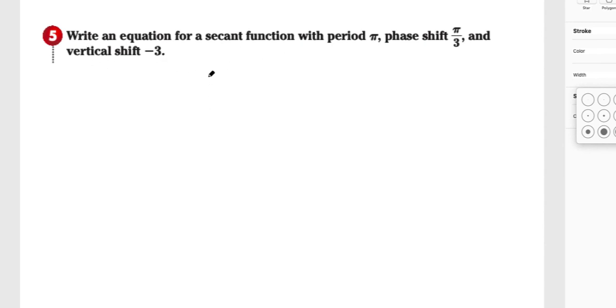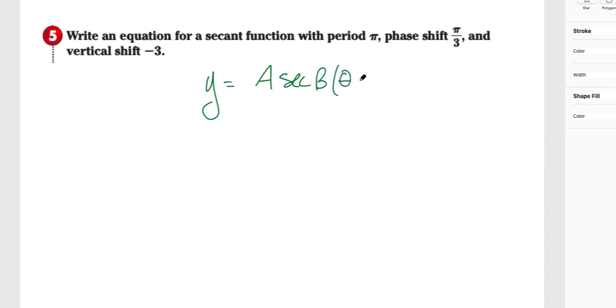So I'm going to write out the generic form. We've got y is equal to some a times the secant of some b term times theta minus c, plus d. We got a vertical shift, but we didn't get a stretch.